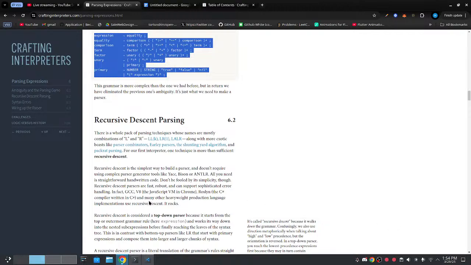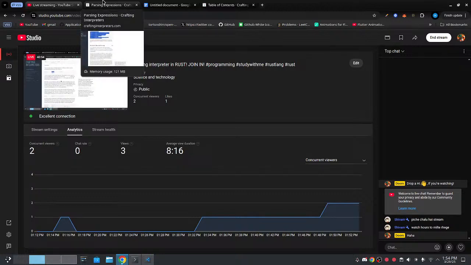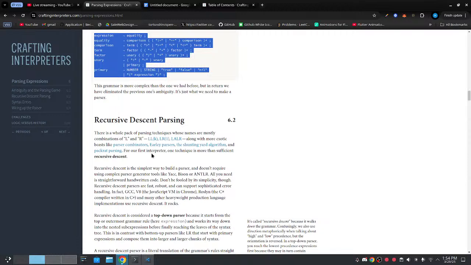Okay, so here we are, parsing the expressions. There are different types of parsing. There is a whole pack of parsing techniques whose names are combinations of L and R. Left recursive, I have seen some things like this in TOC, the theory of computation.